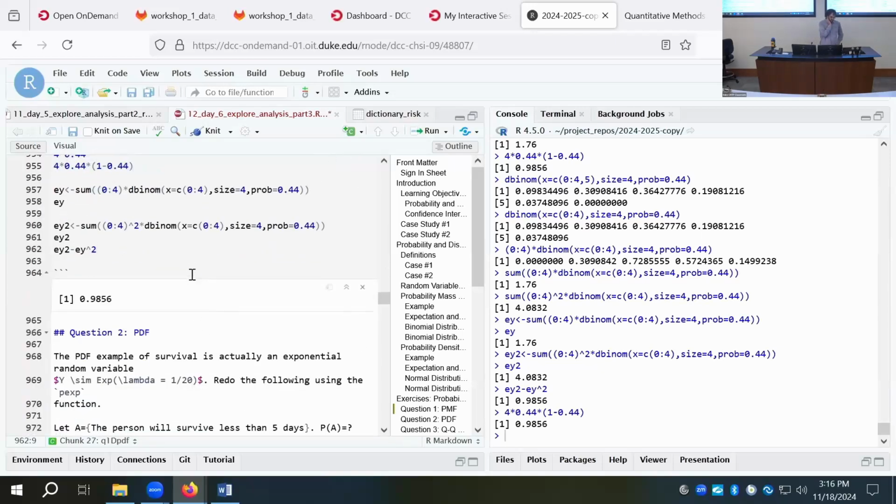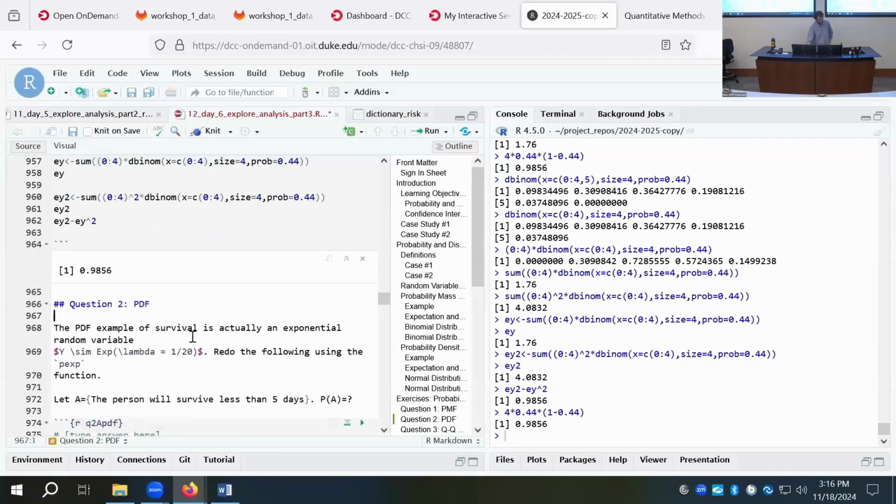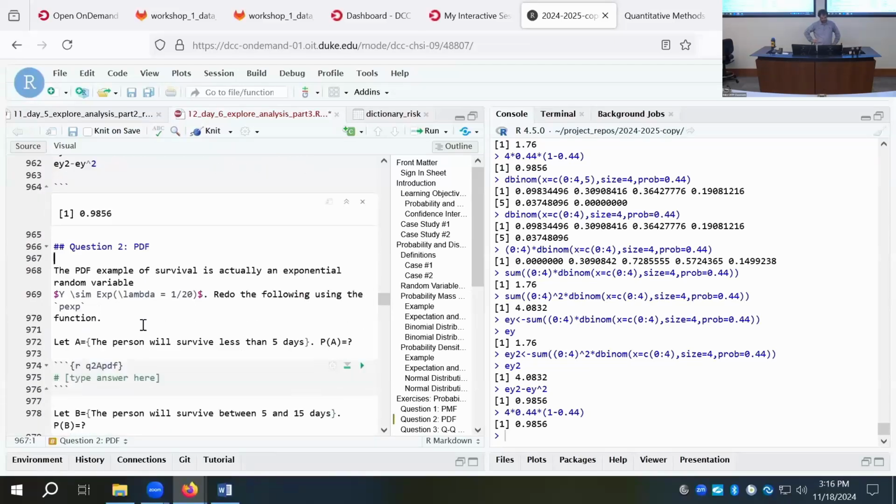All right, so next we're going to talk about the survival problem that we had, where he's looking at days. So that's what's called an exponential random variable. So exp with lambda equals 1 over 20, where the mean is just 1 over lambda, which is why it was 20. And so we're going to basically redo this using the function p(exp). Okay.